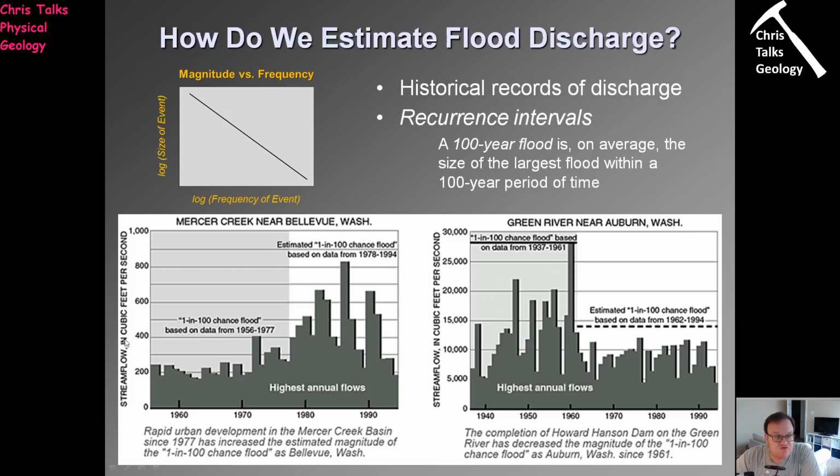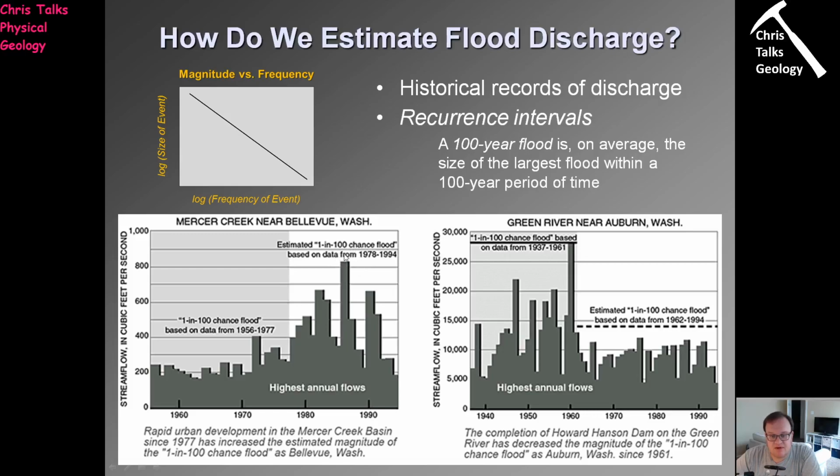And in that case, the stream flow in cubic feet per second would have been about 400. So if you're using that as your 1 in 100 year flood, obviously you're going to say, right, as soon as I'm here, that's a major flood. In contrast, if I was to use the data from 1978 to 1994, you can see the major flood is here.